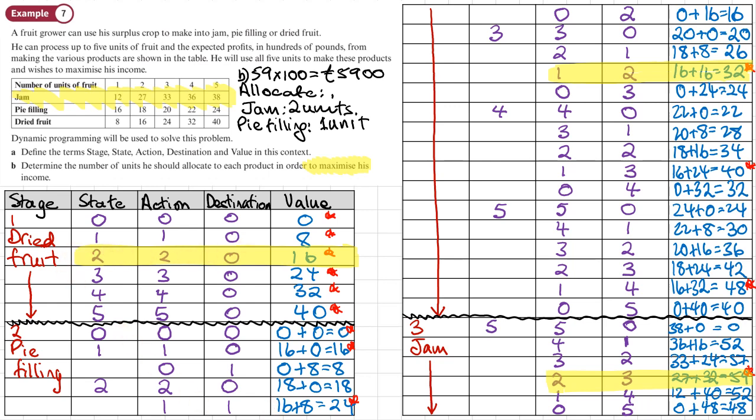So dried fruit, we would have that as 2 units, and that would maximize this person's profit at £5,900.